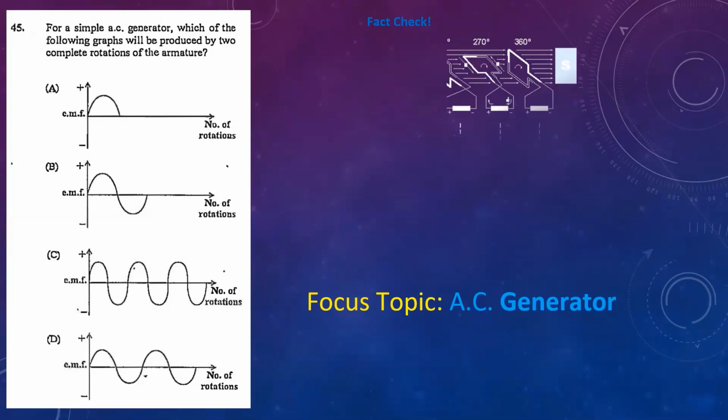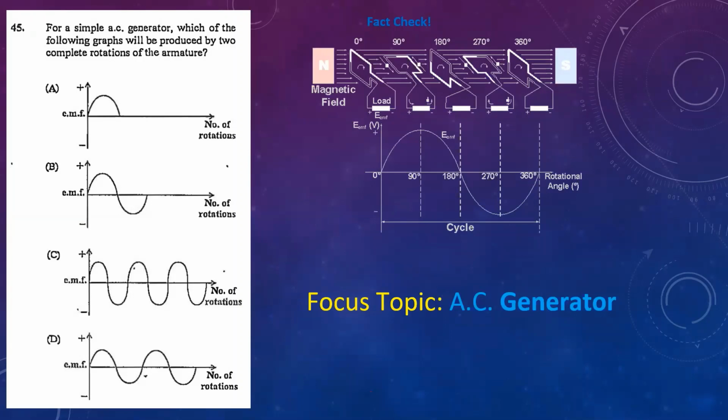Now, for an AC generator, one complete rotation is going to produce a full cycle, and two rotations would therefore give you two cycles. So we have the diagram there for better explanation. Each turn will produce a complete cycle. That's D.